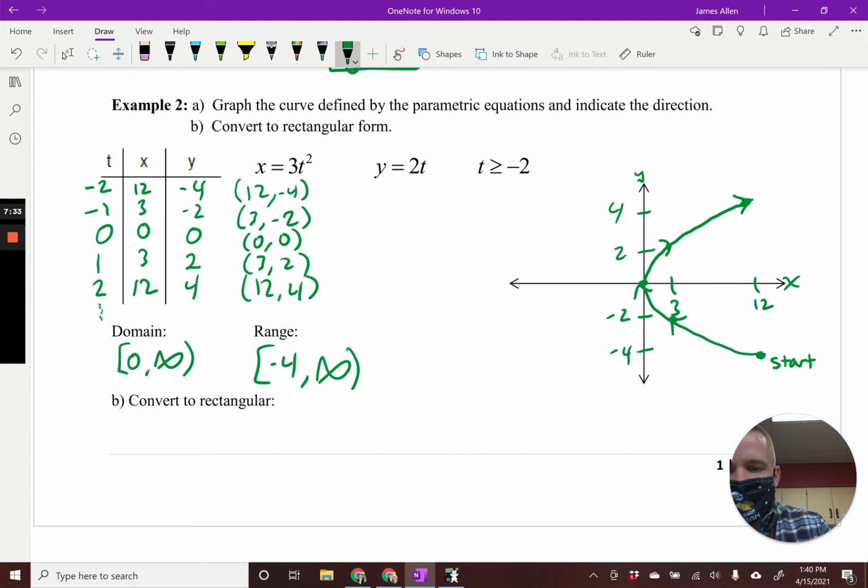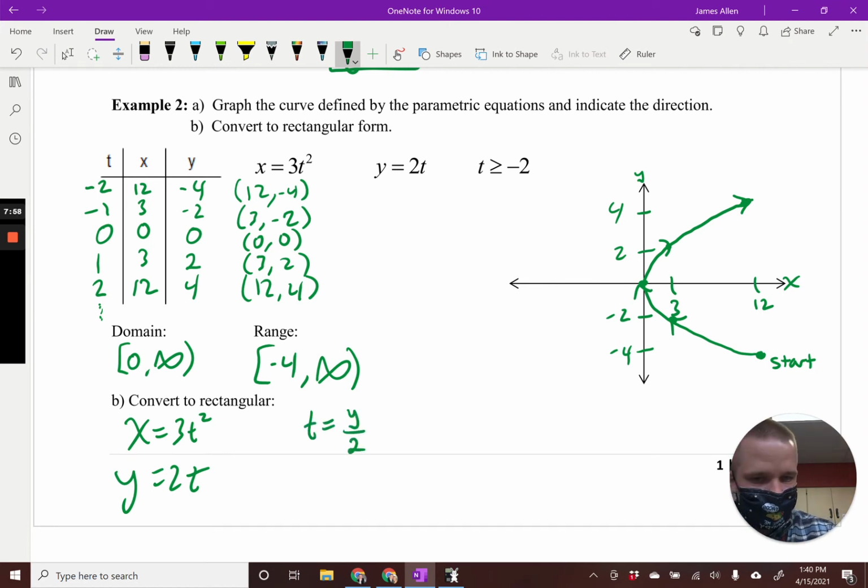Okay. Convert to rectangular. So this one's not like the easy, like, oh, something's already solved, right? So we've got to go one of two routes here, and I'm going to show you guys both of them. If I have x is equal to 3t squared and y is equal to 2t, first I'm going to solve the y one. That one looks easy, right? So I'd have t is equal to y divided by 2.